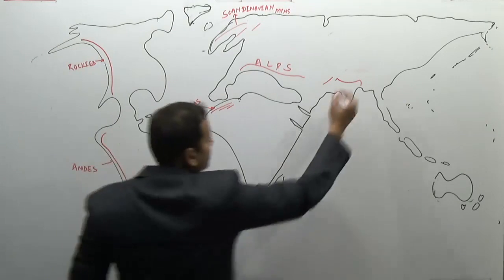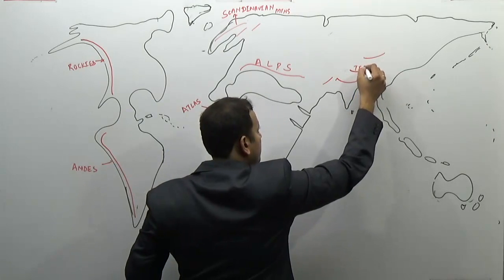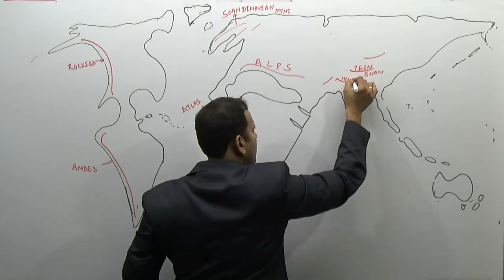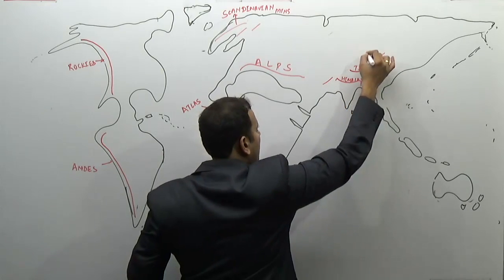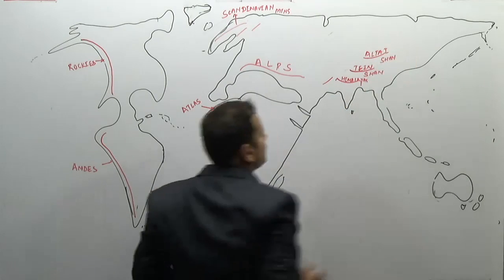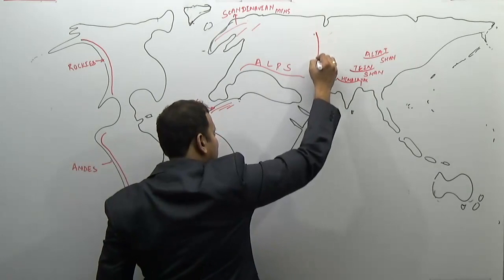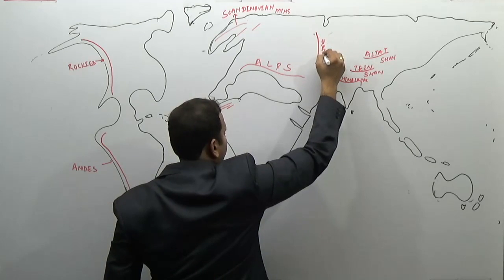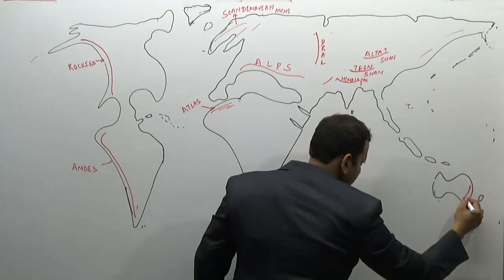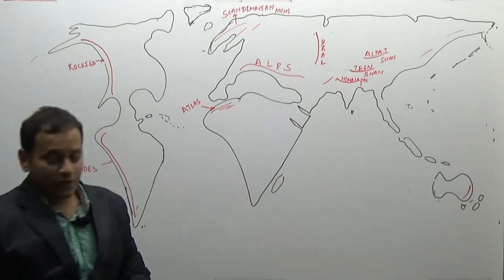Then Tian Shan mountains, Altai Shan mountains, the Ural mountains, and the mountains of Russia, the mountains of Australia, that is the Great Dividing Range of Australia.